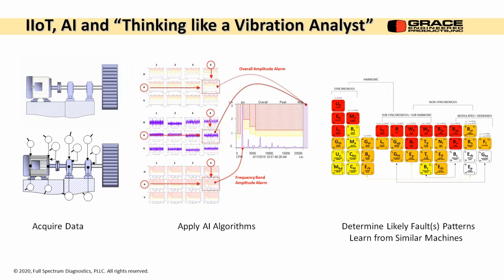This is kind of the flow chart. So I have acquiring data with my transducer up here. I can also acquire phase data, like we've mentioned. If all these transducer locations are linked together, I can get live phase analysis, which is fantastic. So we have overall vibration levels, time waveforms, and spectrums that we can capture.